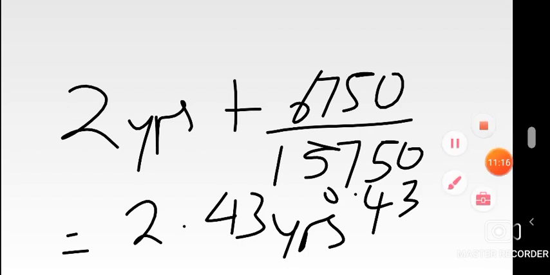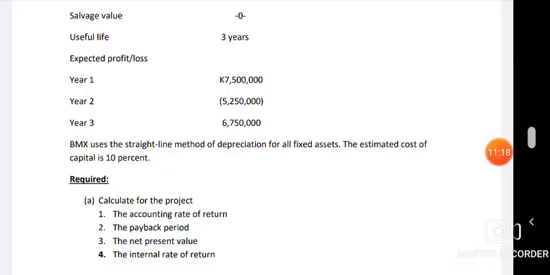Next appraisal technique. The next technique is asking for the net present value. The net present value is a measure that requires cash flows as well. Just remember that. Most of the time when looking at net present value, our cash flow should be after tax. Even though we did not talk about that in the payback period, all our cash flow should be after tax. You'll notice that our question is silent on tax.